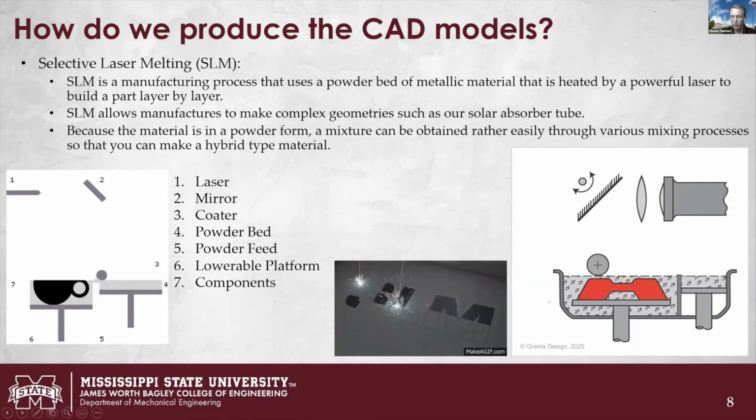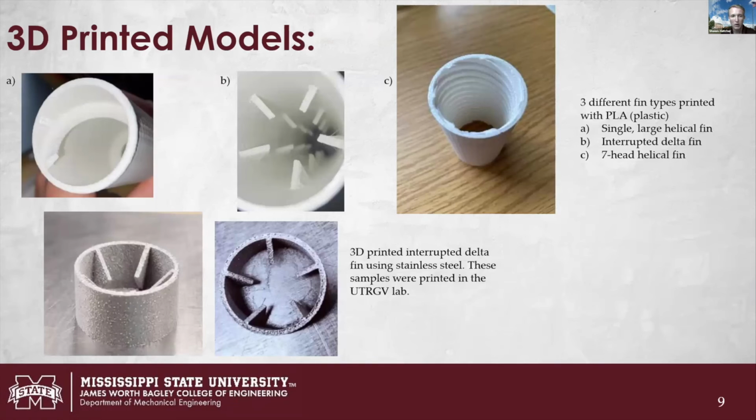And so here are some 3D printed models that we did over the summer. The top three, A, B, and C, are made out of PLA material, which is basically plastic. Actually, I have the piece right here, I'm holding it. It's only about 3 inches long or so. These three different designs are what we considered over the summer to potentially give the solar absorber tube a higher efficiency, because, as I show in the next slides, I'll discuss the difference between a fin design and a non-fin design.